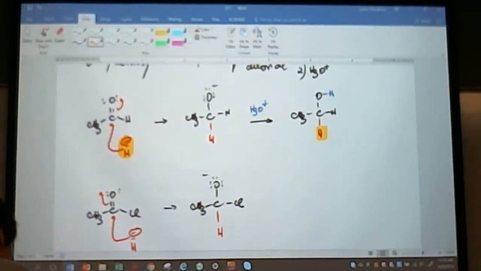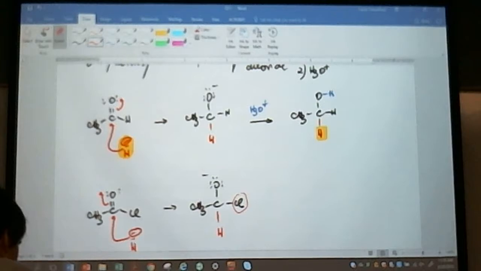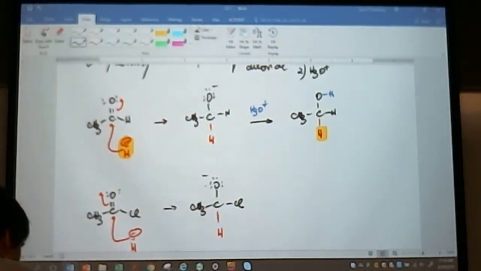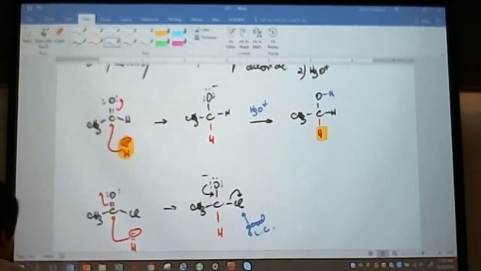In this case, this can do something because this has a good leaving group. So what it can do is bring these electrons back in and kick out the chloride. Of course, hydrogen electrons would be horrendously removed and they would never leave. But in the case of an acid chloride, you have a chloride ion that can leave.